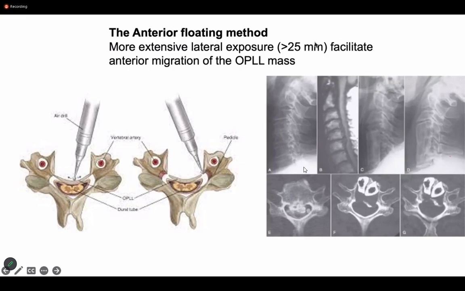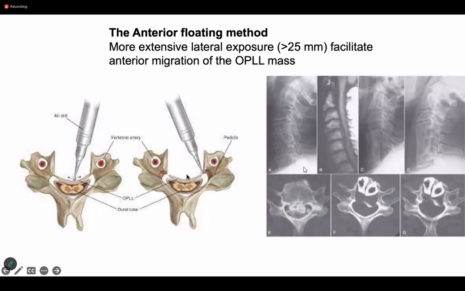When freeing the ossification from the surrounding bone tissue, the top and the bottom end of the ossification are first relieved transversely and then disconnected from the pedicle and thus situated laterally. When the thinner OPLL appears to be like a ball floating on water, the compression of the spinal cord is complete.